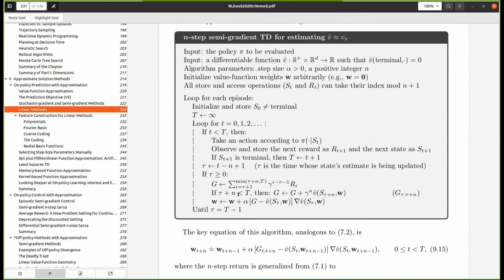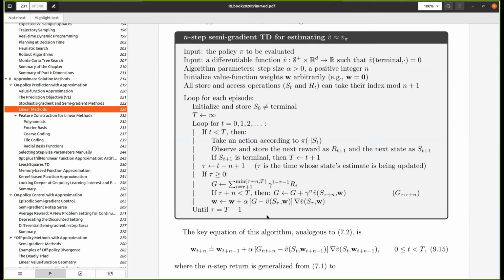And I believe they mentioned somewhere in the book, or maybe it was in the DeepMind lectures, that you can do a true gradient for TD as well, but obviously that would be much more complicated. Yeah, the math would be complicated.